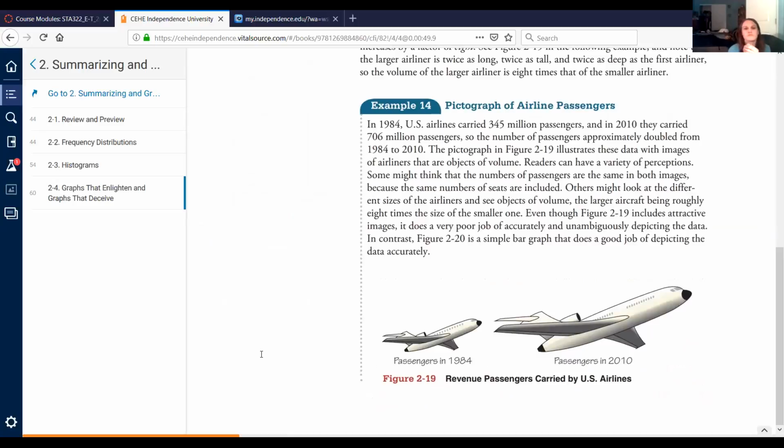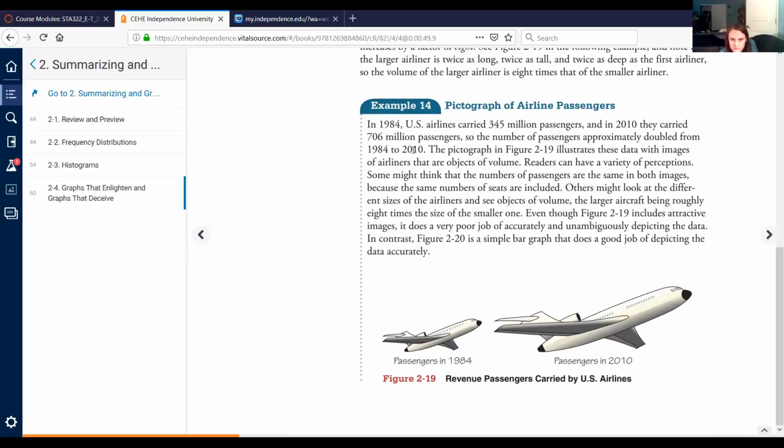Another thing to do, people will use pictures. In this case, if we look at airline passengers in 1984, U.S. Airlines reported carrying 345 million passengers. In 2010, they carried 706 million passengers. So they've got this little airplane and this big airplane, but this big airplane looks to be about 4 times as big as this one.